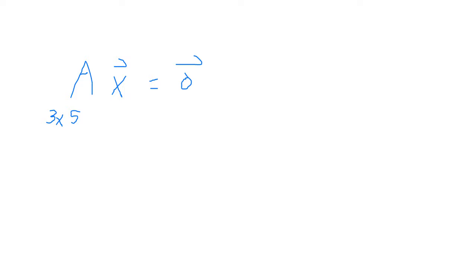What would the dimensions have to be on vector X for that matrix multiplication to be defined on the left? 5 by 1. Okay, and so therefore the null space for the matrix A lives in R5. Are there any questions on that?